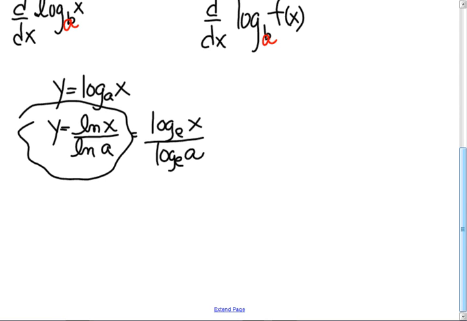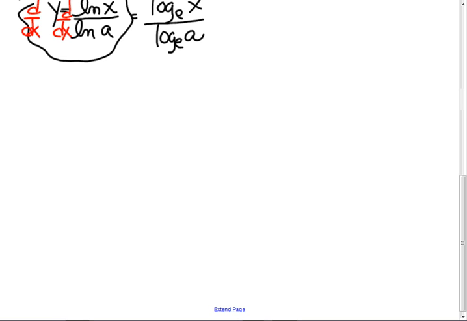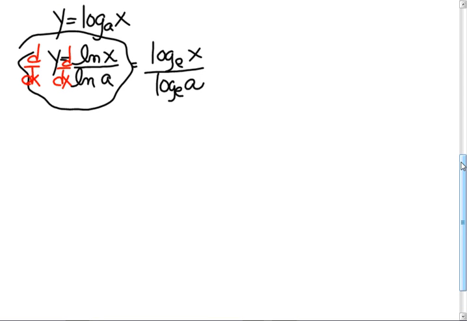Now, I want to take the derivative of this with respect to x. So it's d dx. Now, what's true about the log of a? It's just a constant. What's the derivative of a constant? It's 0. So I can use the product rule if you want. I can use the quotient rule if you want. Doesn't matter. But why don't I just ignore that?